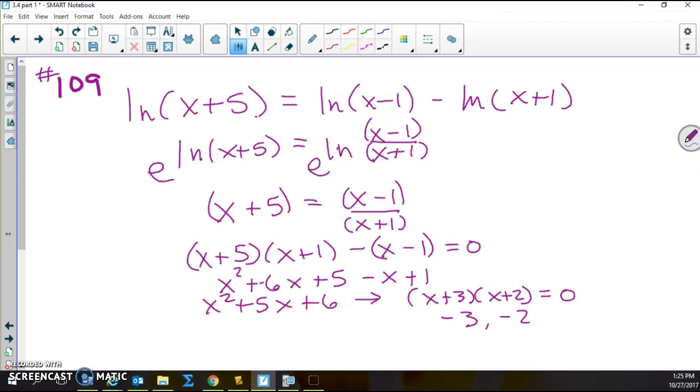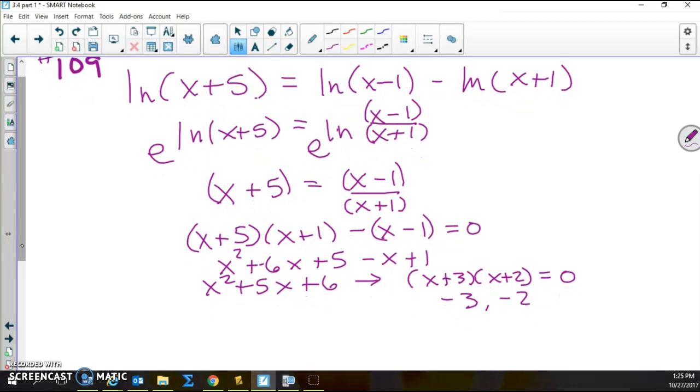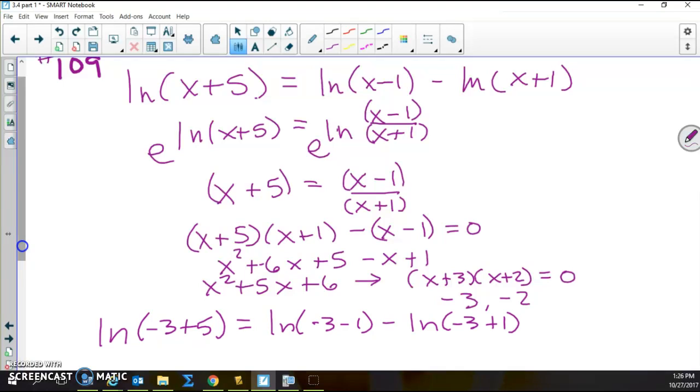And this is where, of course, we want to check for extraneous solutions. So substituting both of these back into the original, let's go with the negative 3 first. Natural log of negative 3 plus 5 is equal to the natural log of negative 3 minus 1 minus the natural log of negative 3 plus 1.